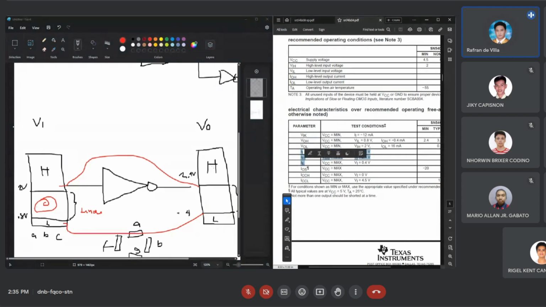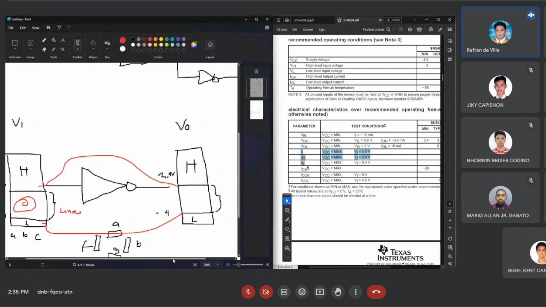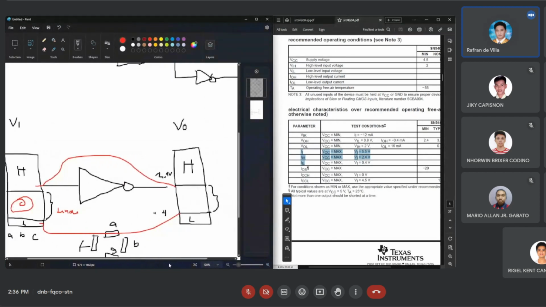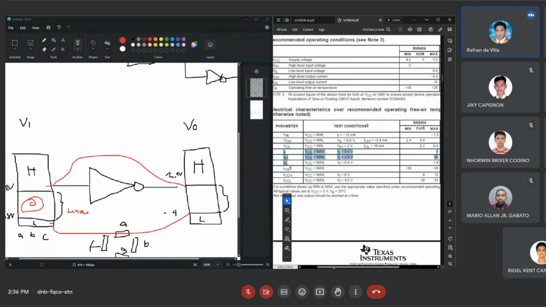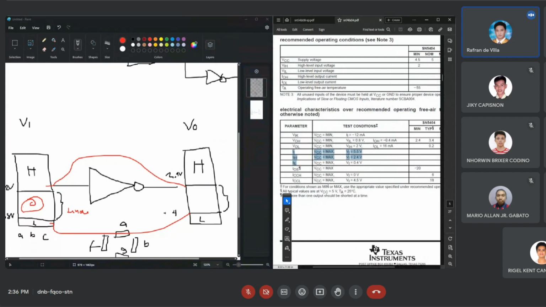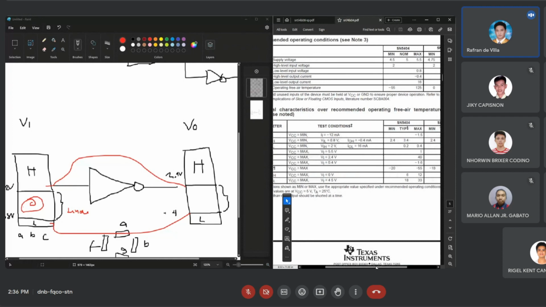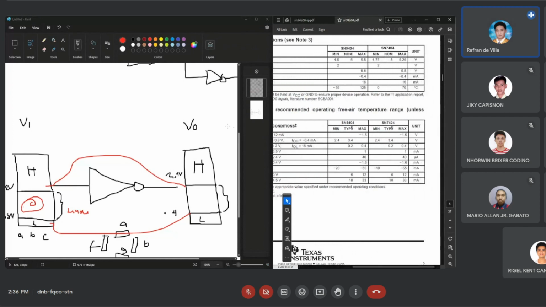So, current is one of the crucial kaayong specs nga bantayanan nato sa ato ang design. Okay? Kay ngano man. So, let's try to check this out. So, again, when you are looking at the current input, okay? So, current input high is rated at 40 microamps.